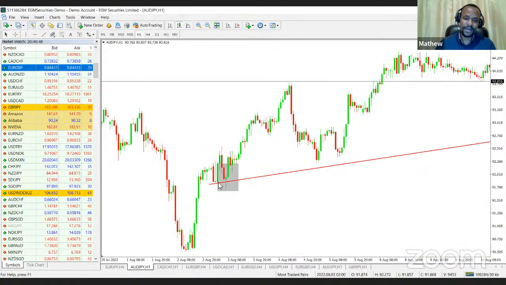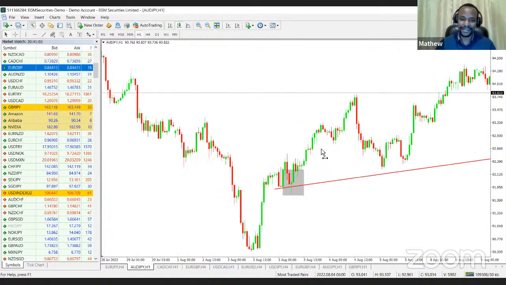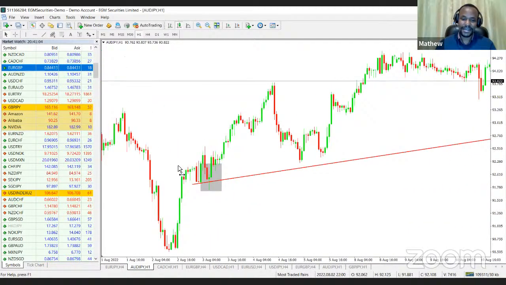Looking at how the price moved thereafter, we had a confirmation. This pin bar here got a confirmation to the upside, right? Yeah. With that, the bullish move. Okay.